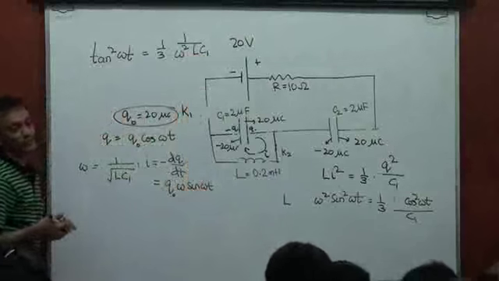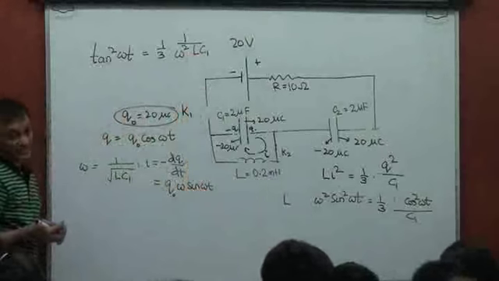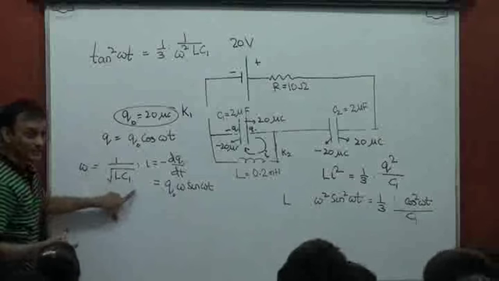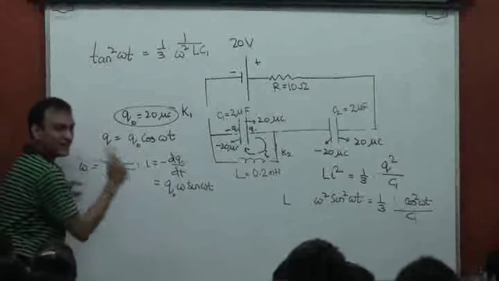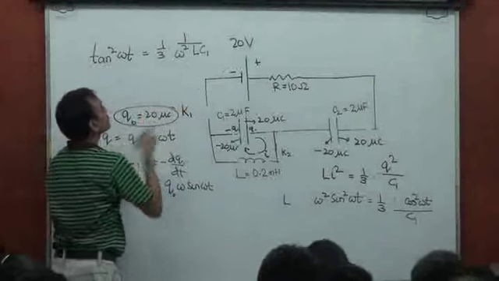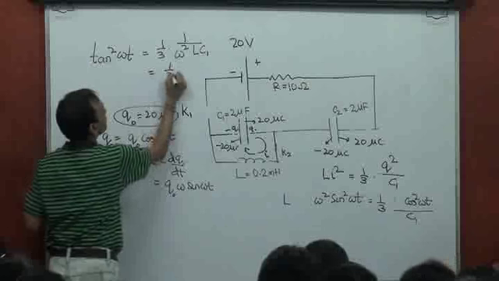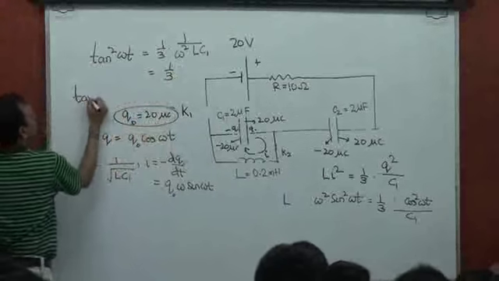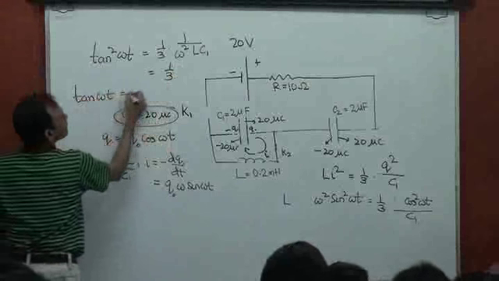Tan squared omega t is 1/3 omega squared LC1, right? But omega is 1 by root LC1, so omega squared LC1 is 1, so this is like a 1/3. So then tan omega t is 1 by root 3.